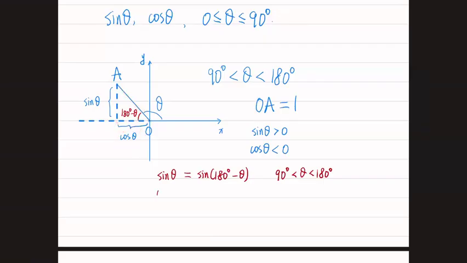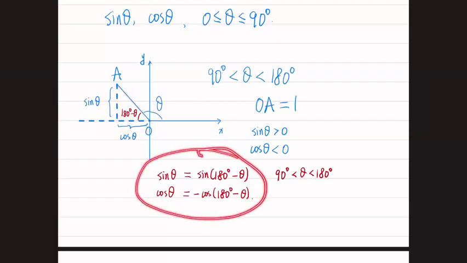It's opposite cosine theta. So we can use this graph to find the sine and the cosine, or we can use these two formulas to find the sine and the cosine for angles between 90 and 180 degrees.